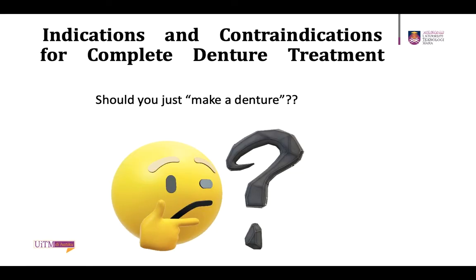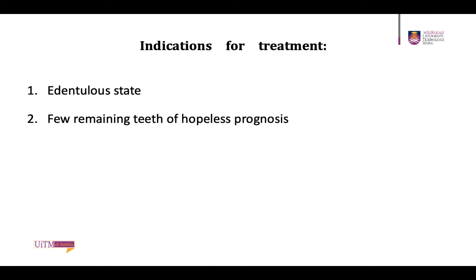So what are the indications and contraindications for complete denture treatment? The question here is, should you just make a denture? Okay, so indications for treatment is, of course, when the patient is edentulous, when the patient comes to you without any teeth. Of course, the first thing that comes across your mind is you want to provide the patient with dentures.